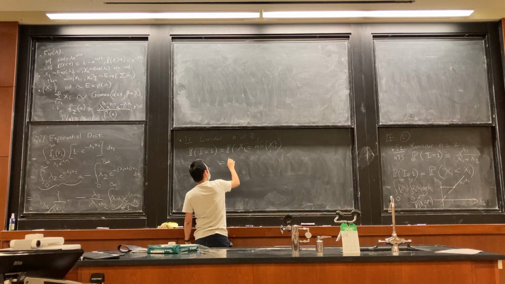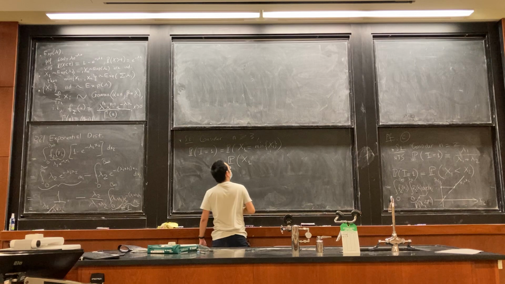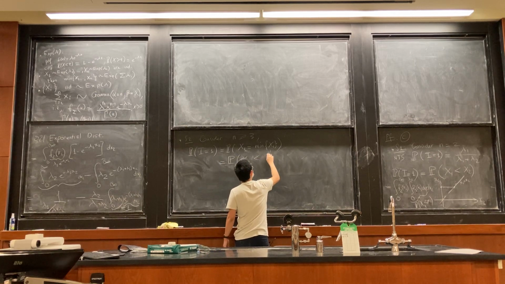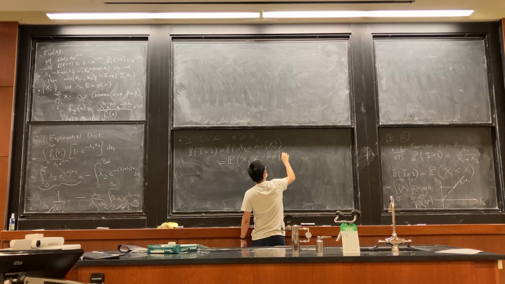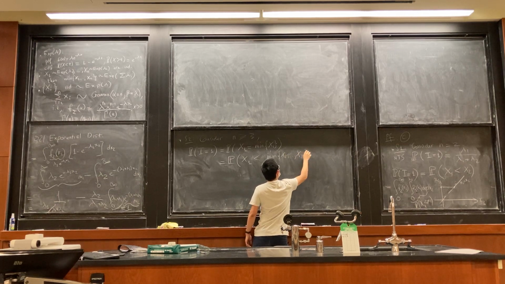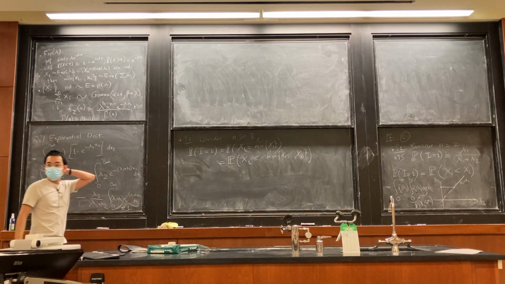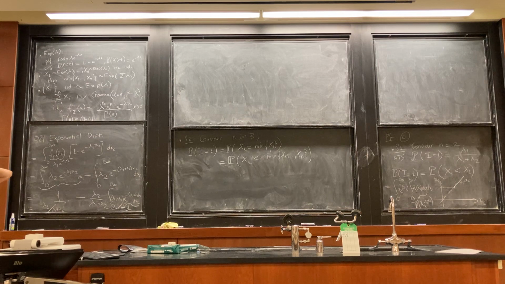This is the same as the probability that x1 is less than the minimum of x2 through xn. If x1 is the minimum of the whole collection, that is the same as x1 being less than the minimum counting starting from 2.